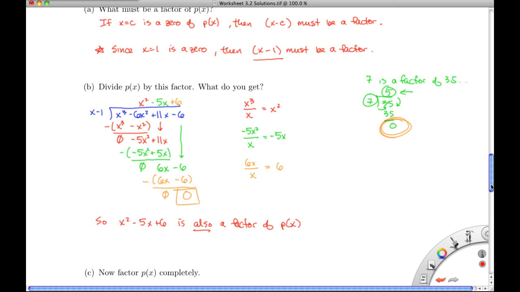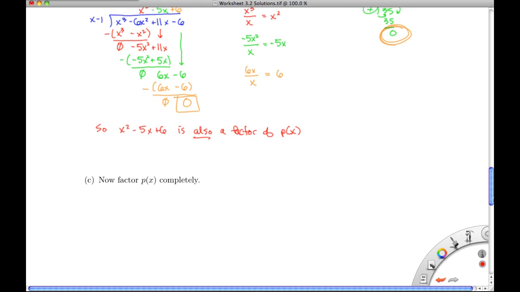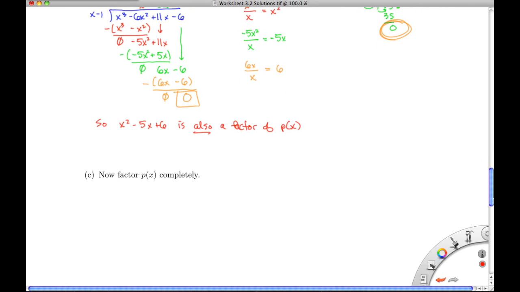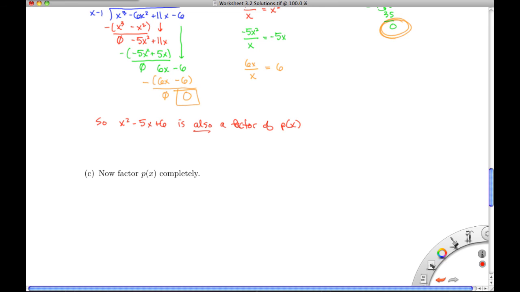So let's see, in part C we're asked to factor this completely, our function p of x. So x cubed minus 6x squared plus 11x minus 6, this is our p of x, is going to be equal to x minus 1 times this new factor that we found, x squared minus 5x plus 6.